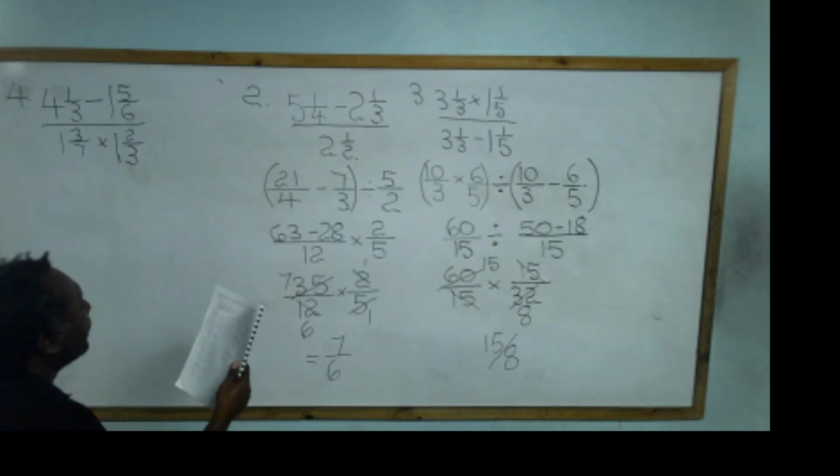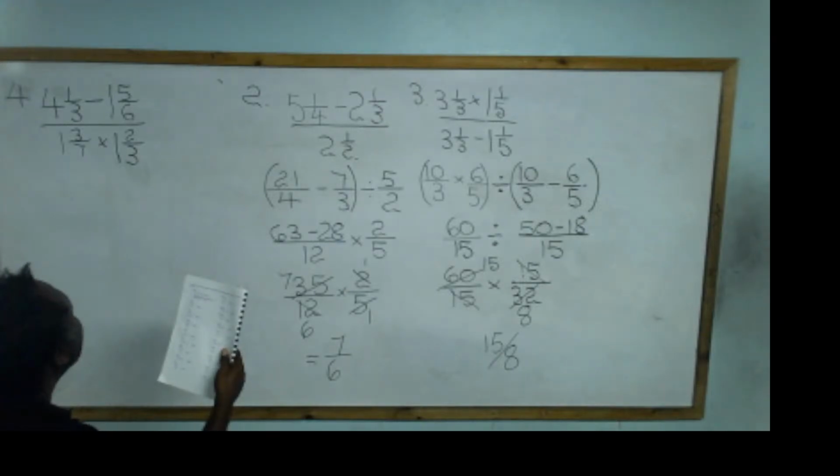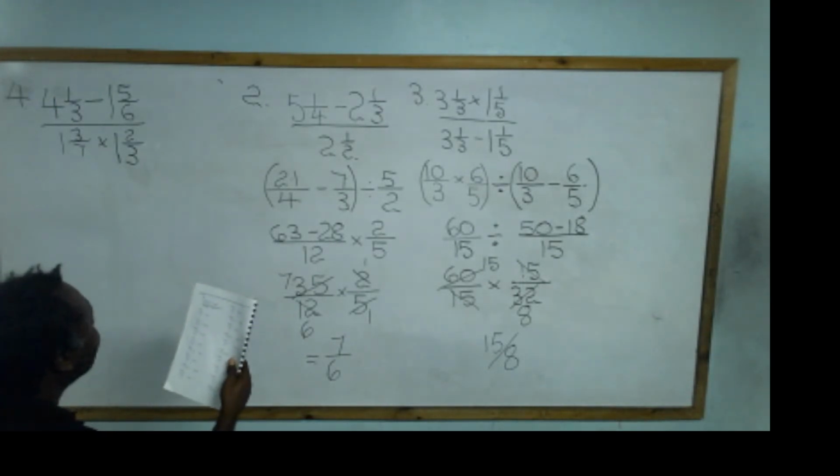So let me take a good look at that. 4 and 1/3 minus 1 and 5/6 over 1 and 3/7 times 1 and 2/3.